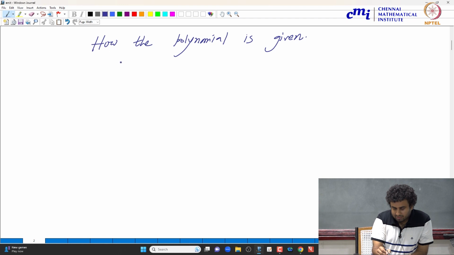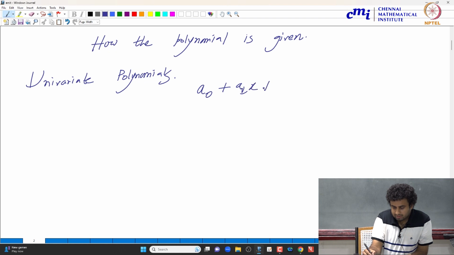and for that we have to fix a sort of data structure for representing polynomials, and I'll start with univariate polynomials. So take a univariate polynomial a0 plus a1x plus a2 x square plus up to an x to the power n.